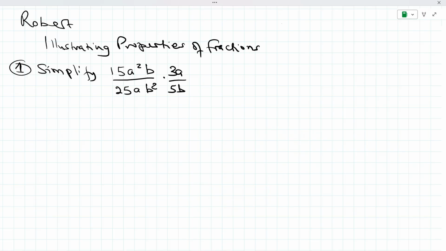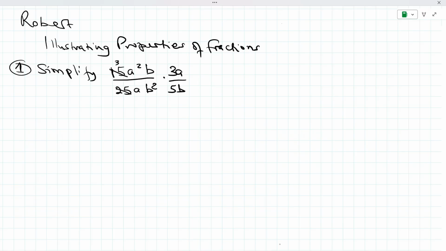So in this example, what we have to do is to look at like terms. So look at the coefficients. Here we have 15 and here we have 25. So we can simplify 15 by dividing through by 5 to leave us with a 3.